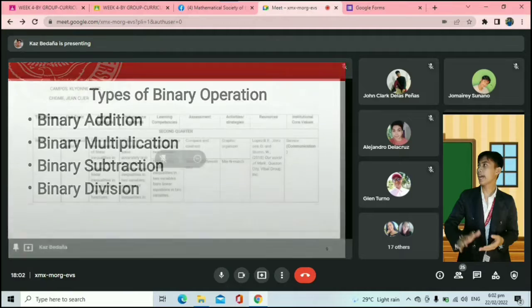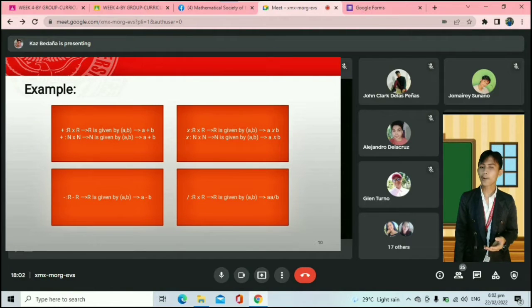I have here an example. The first example is, let us show that addition is a binary operation on real numbers and natural numbers.